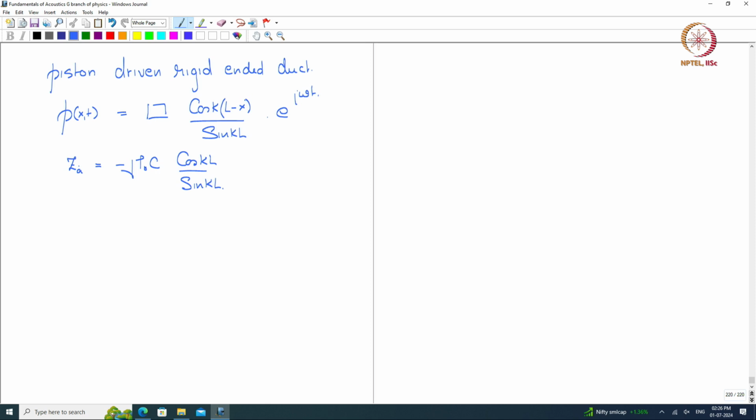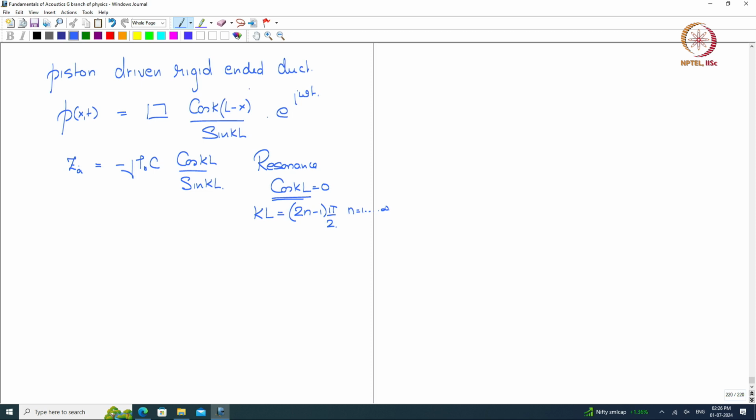And you can see that at cos k L is 0, the resonance condition is what? Resonance is cos k L is 0, or k L is twice n minus 1 pi by 2, with n going from 1 to infinity.